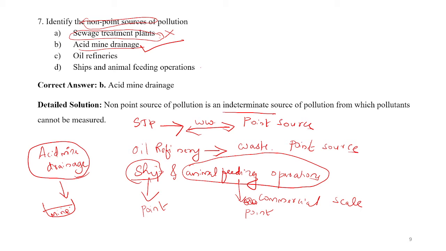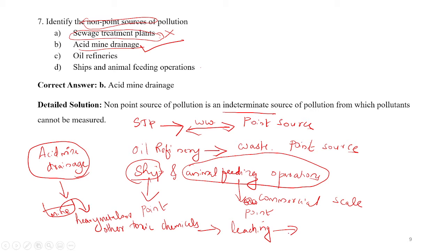From there would be some leaching of heavy metals or other toxic chemicals. Since it is leaching, we do not know what is the amount which is getting leached, and at what time scale, and it would be indeterminate. Sometimes it would be more, sometimes less. We don't know from which place it will be leaching. So this is a non-point source. Like that, the option is B, acid mine drainage.